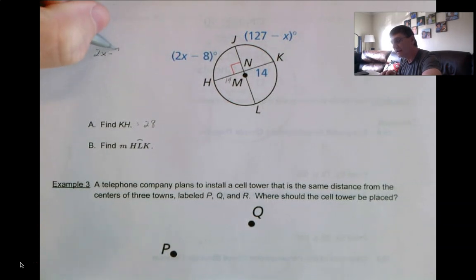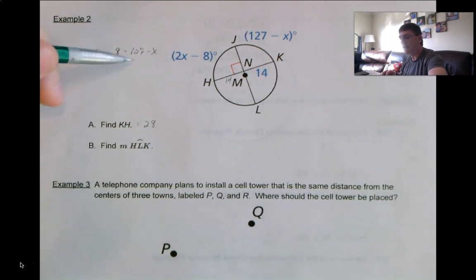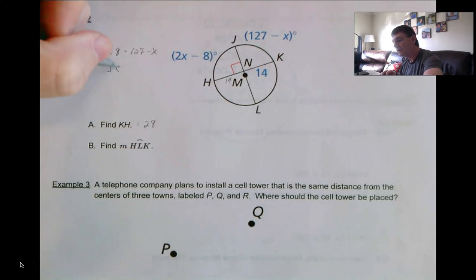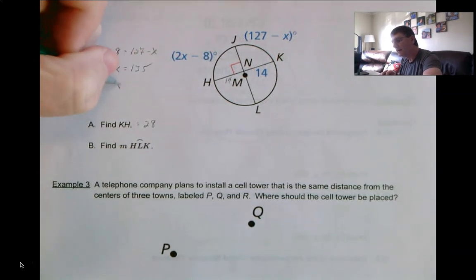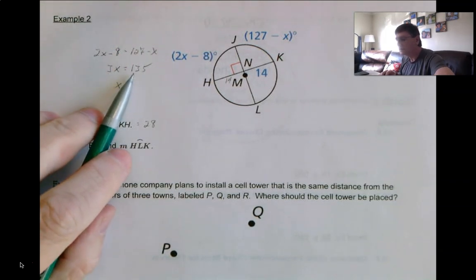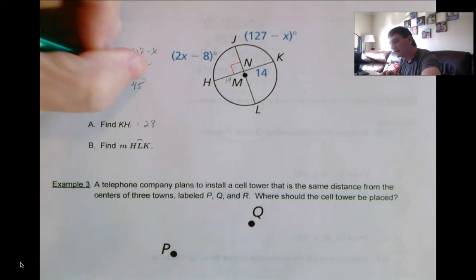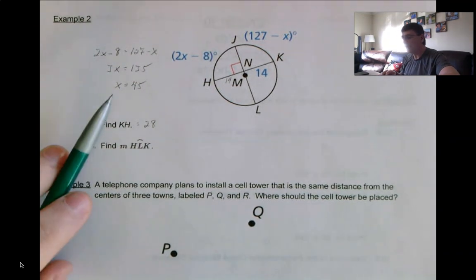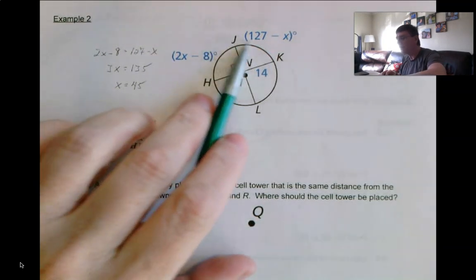2x minus 8 equals 127 minus x, add 8, 3x equals 135, x equals, let's see, 3 goes into this 45 times. So if x is 45, we're looking for arc HLK, that's all the way.